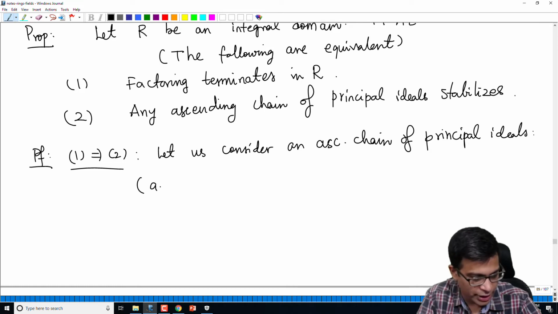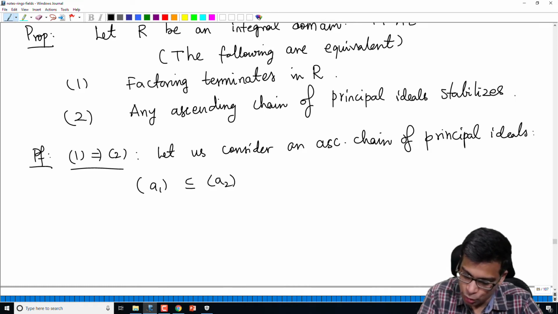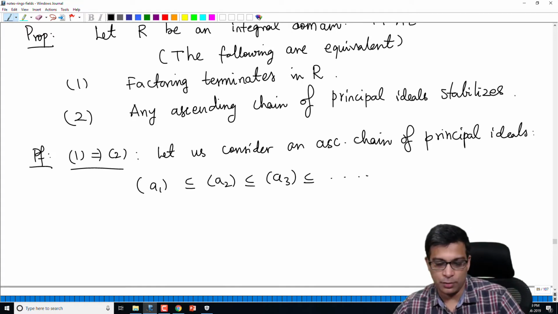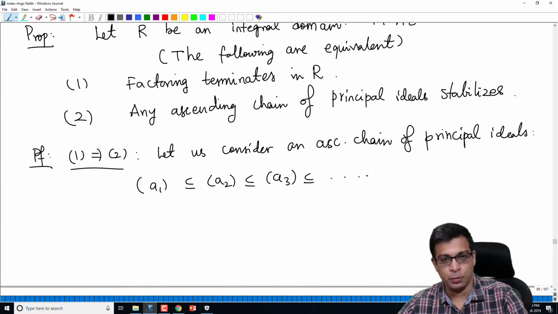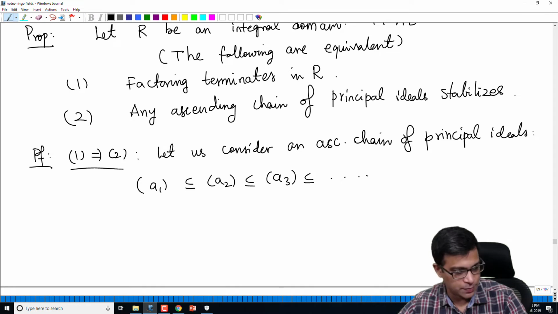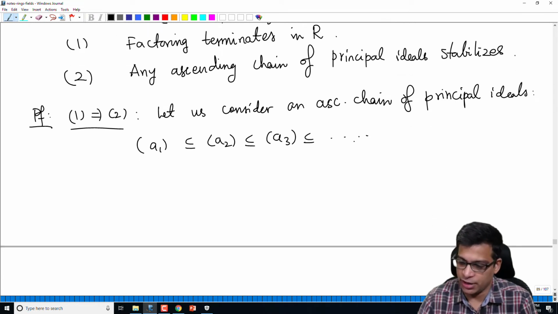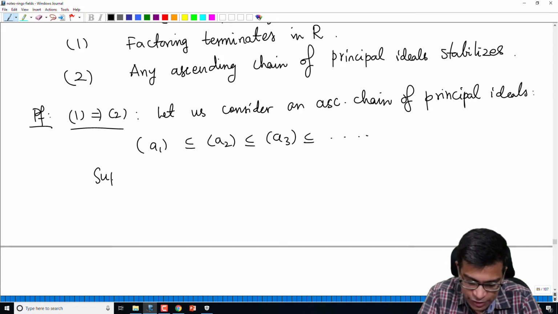Let's consider A1 contained in A2, contained in A3 and so on. Assuming 1, I want to show that any ascending chain of principal ideals stabilizes. Suppose not. Suppose you have an ascending chain of principal ideals which does not stabilize.